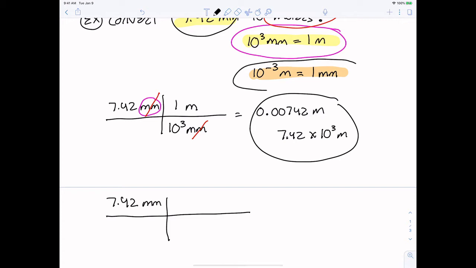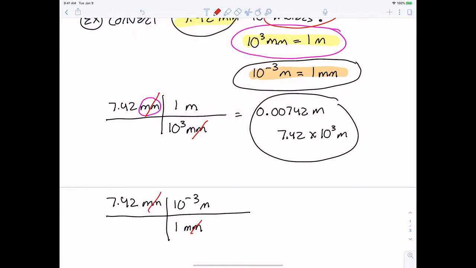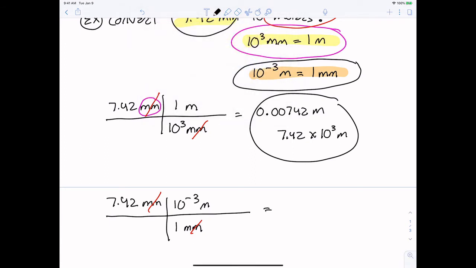This time, and again I'm using this one that's highlighted in orange, 1 goes with the millimeter, and then 10 to the negative third meters go on the top. We cancel those millimeters. We're left with meters as our unit, which is what we're looking for, and I get the same answer, 7.42 times 10 to the negative third. Oops, I forgot to write the negative. Sorry, negative third meters.